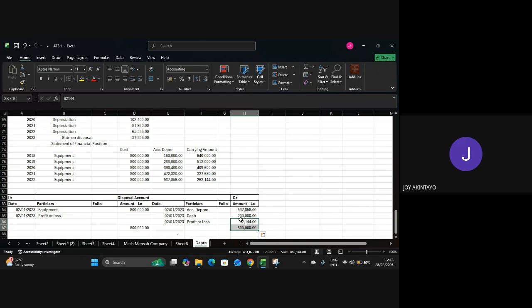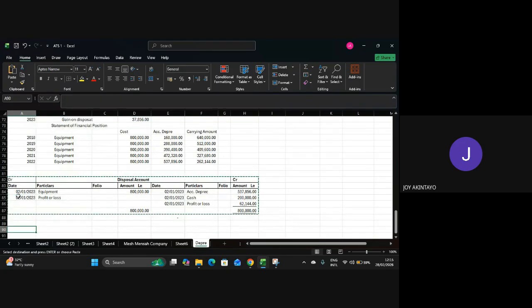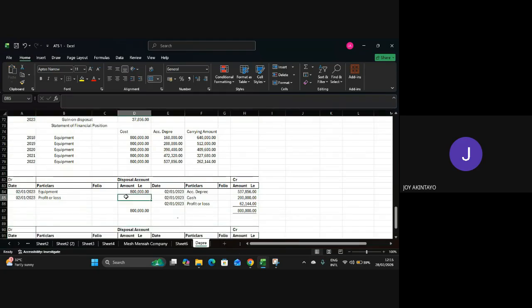I hope it's clear. So these two scenarios. Let me quickly provide you for that of gain. This will be for loss. So that when you are reading, you quickly understand. This profit, 300, and we have 37,856. Clear?